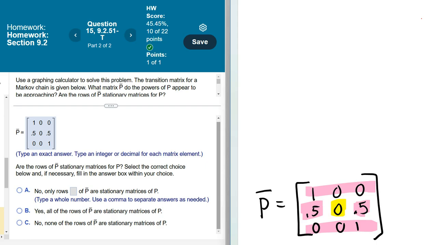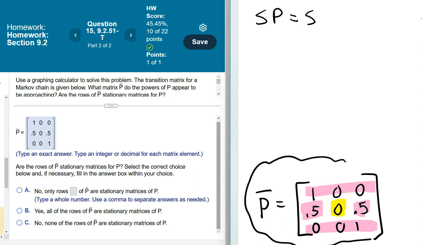The stationary matrix was referred to as S, and if you take S times your P, it should equal your S. And that way you know that you have a stationary matrix. Well, in this case, they're wanting us to use the limiting matrix as our P. It just says, are the rows of the limiting matrix stationary matrices for P?